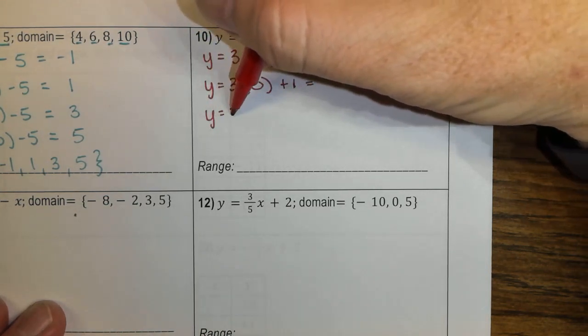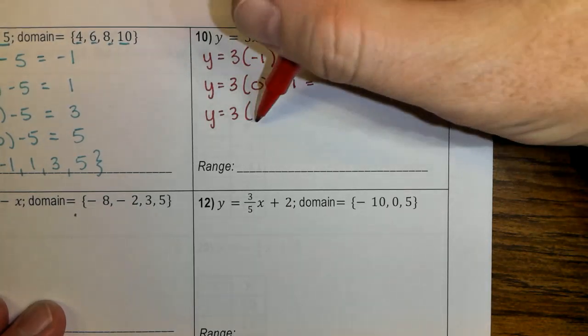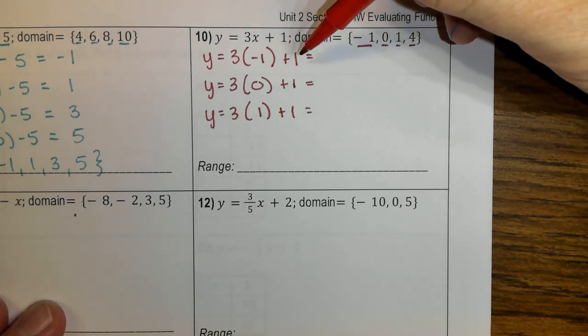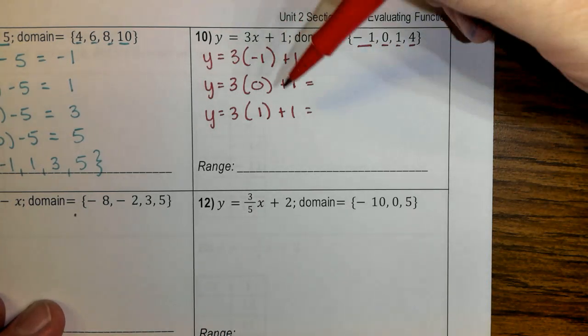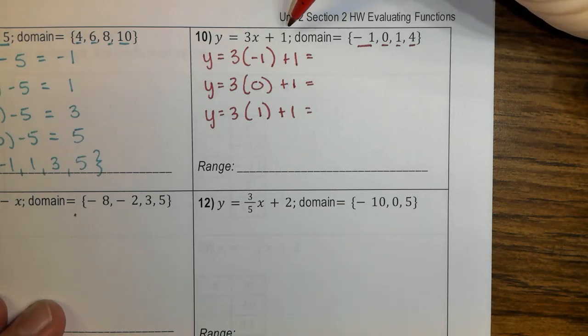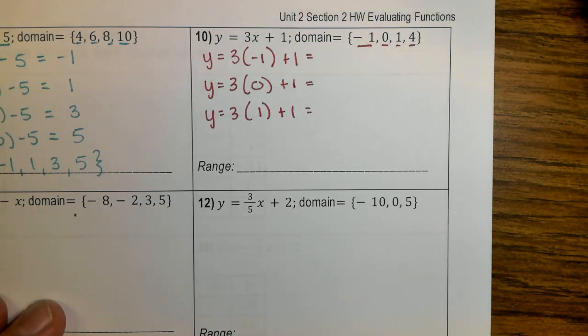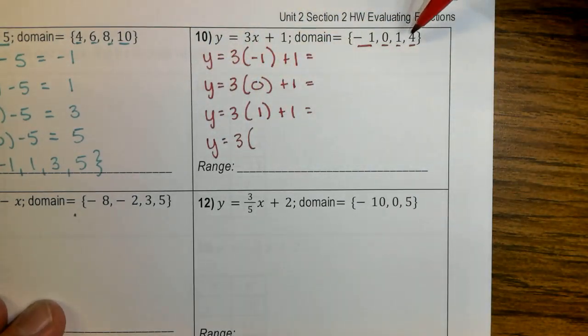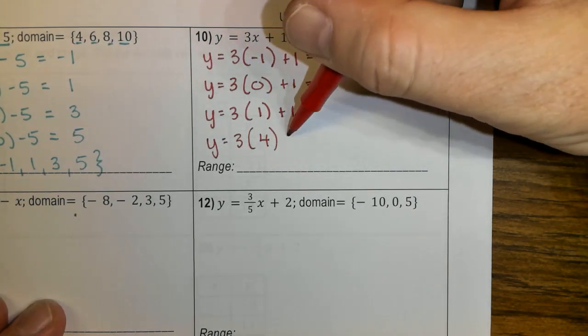Y equals 3 parentheses, 1 plus 1. And if you're wondering, maybe you just didn't catch it, where the plus 1 comes from, I have 3x plus 1 up here. That's my plus 1, okay? And then my last one, y equals 3 parentheses 4 plus 1.